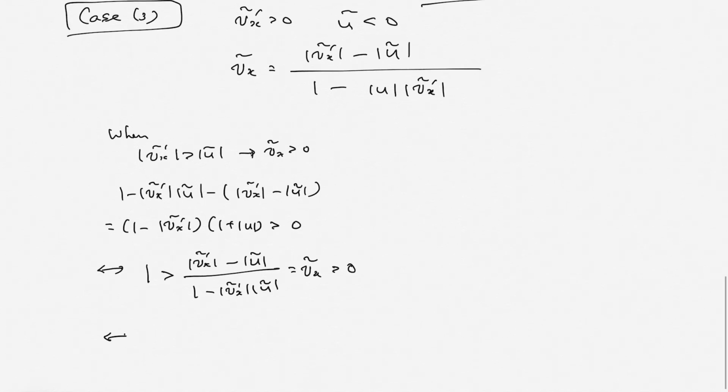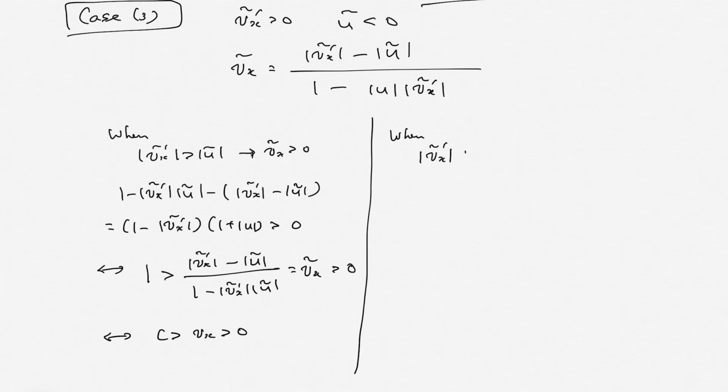So from this, v sub x is smaller than c. And then the opposite case, v sub x prime is smaller than u.